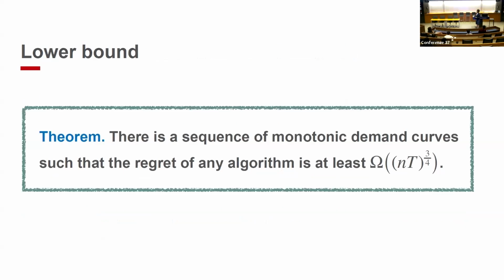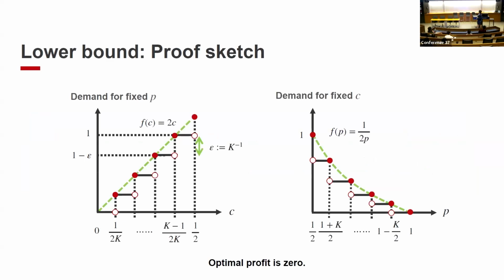Finally, we're going to talk about some lower bounds. For a sequence of monotonic curves, our lower bound is n^(3/4) times T^(3/4), which is slightly weaker than n T^(3/4). This is just a sketch of the proof with hard instances. The baseline instance looks like this. The second picture is exactly the same as what you can get from the previous paper, but the first one is slightly different.